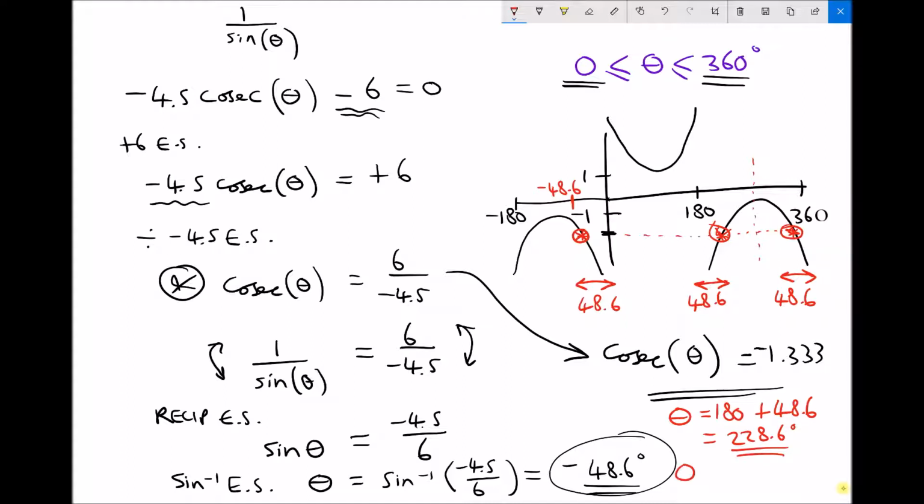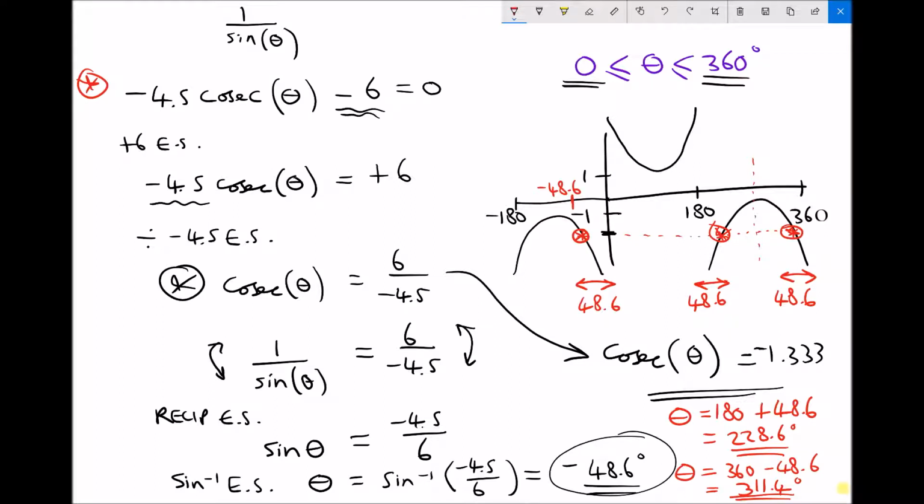And our second value of theta, sitting in that range, is 360 degrees minus 48.6, which equals 311.4 degrees. So there we have our two solutions to the original function, minus 4.5 cosec theta minus 6 equals 0, between the limits of 0 and 360 degrees.